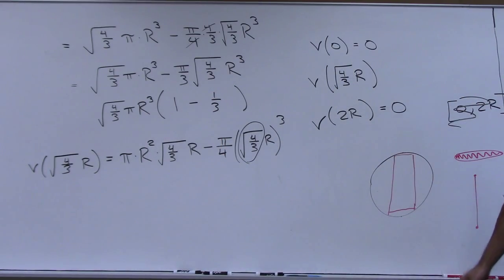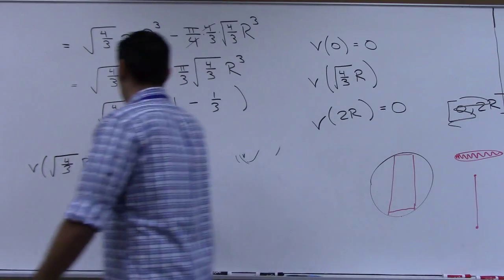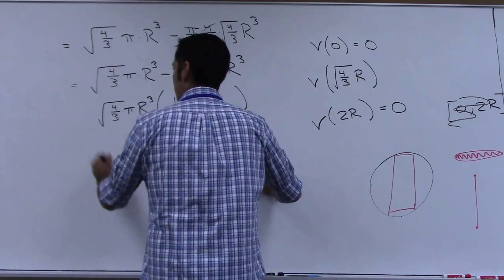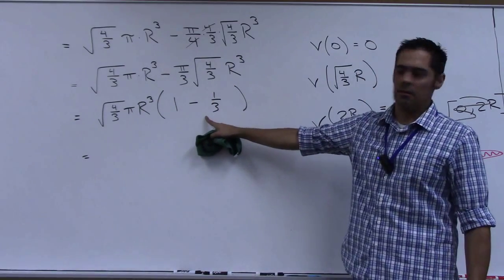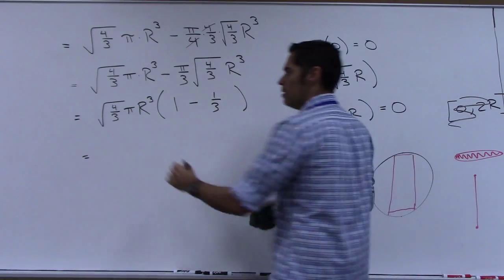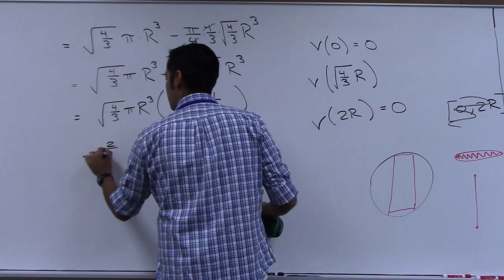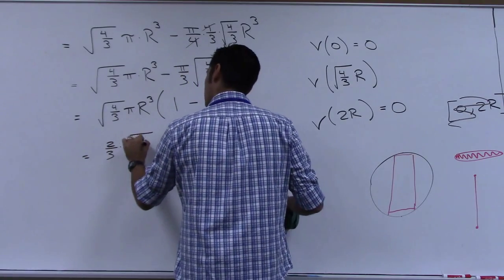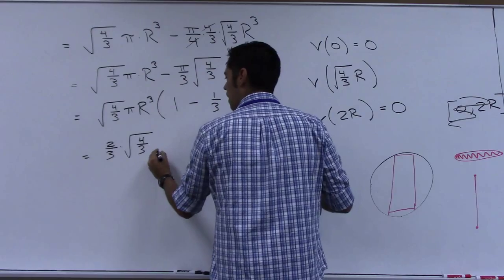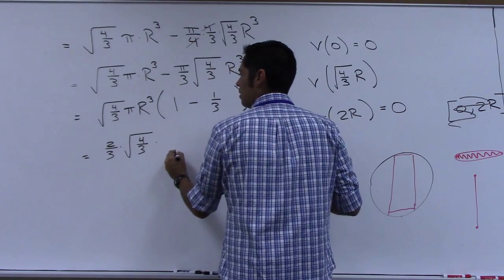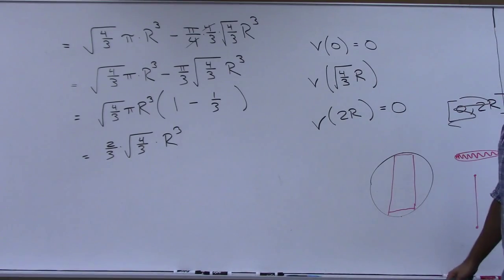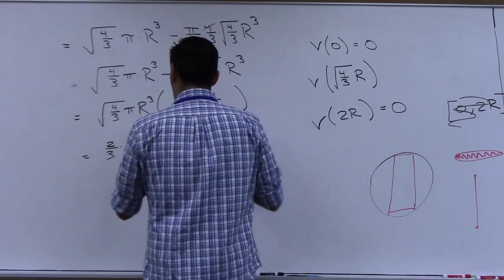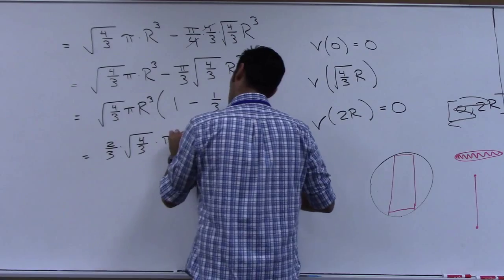What's 1 minus 1/3? 2/3. That's 2/3. I'm going to put it in front. 2/3 times root 4/3 times r cubed. Forgot my pi. Yes, I did. I'll put it right here. Pi r cubed.